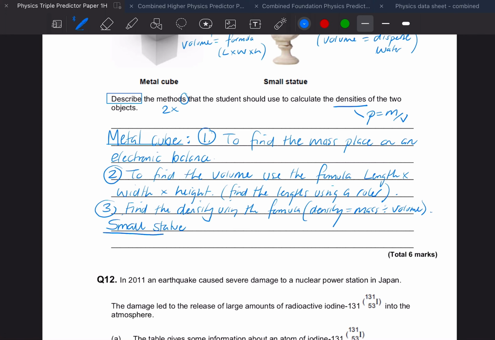So the small statue, it's going to be very similar. We're still going to have to get to the formula.